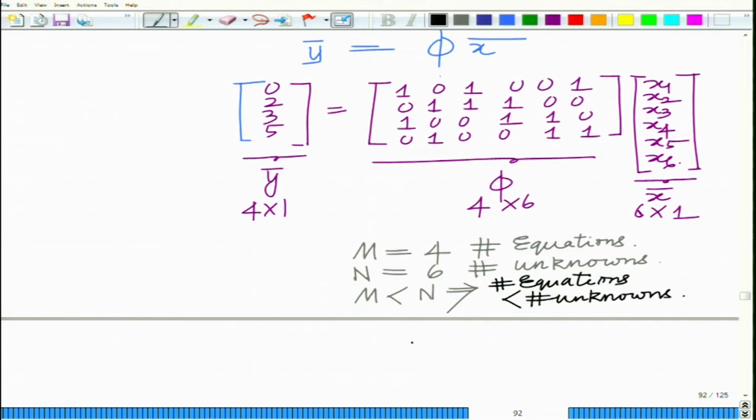Therefore, to recover x bar, remember you cannot use conventional linear algebra, because in linear algebra you need the number of equations to be at least equal to the number of unknowns to uniquely determine the unknown vector x bar.